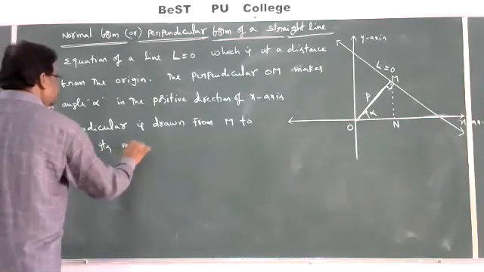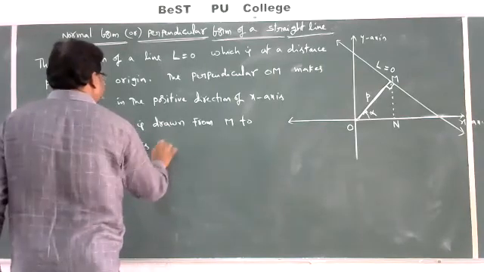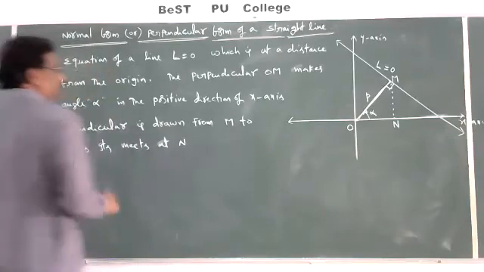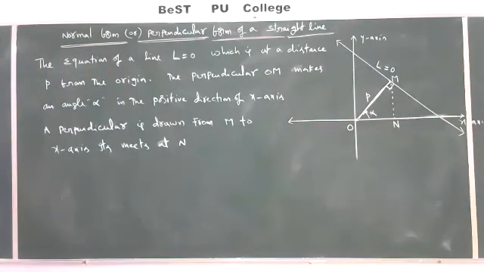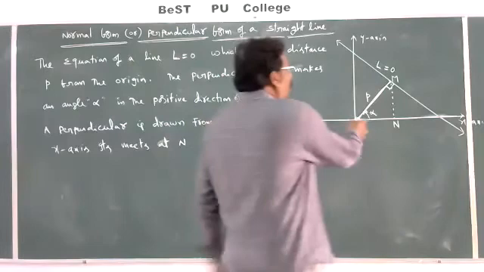It meets at N. A perpendicular is drawn from M to x-axis. It meets at N. Observe this.